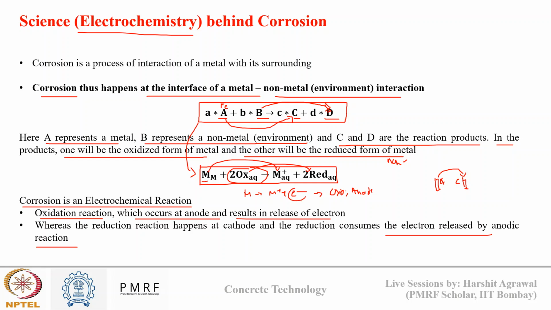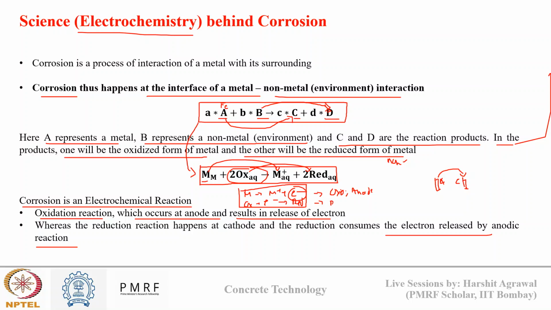The electron that is released at the anode, the cathode, the oxidizing species, will consume this electron and form a reduced product. This is how electron transfer is happening, along with the chemical changes due to a chemical reaction.